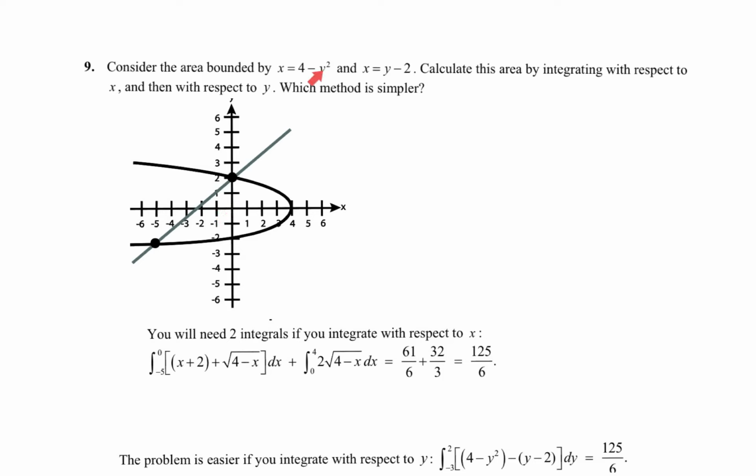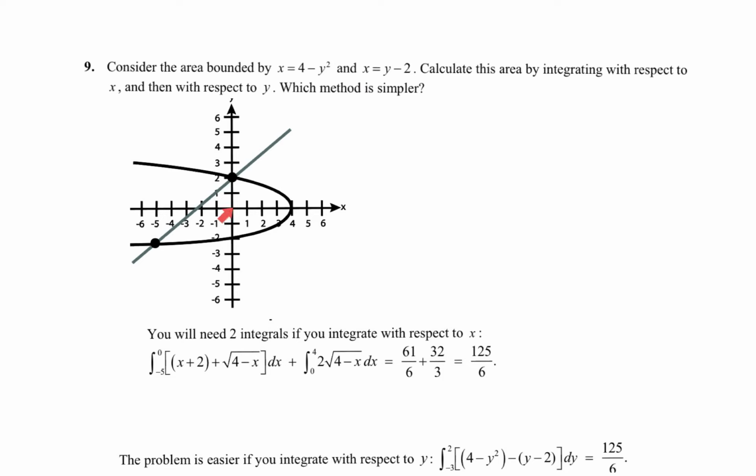When y equals 0, the x is 4 − 0. So at y equals 0, the point of this parabola is here at x equals 4. At y equals 0, the x of the rectilinear line is 0 − 2, which is −2.